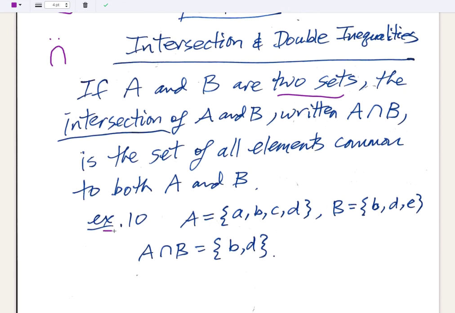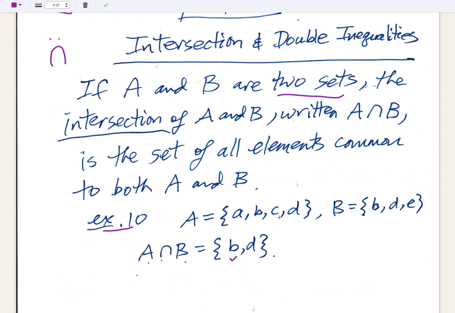Let's take example 10 here. Suppose the set A is {a, b, c, d} and the set B equals {b, d, e}. I'm taking a break from numbers here for a second. What's the intersection of A and B, or A intersect B? Which elements are common to these two sets? Well, it turns out little a is not common to both of them. Little a is part of A, but it's not part of B. How about little b? Yep, little b lies in both of them, so that's going to be in the intersection.